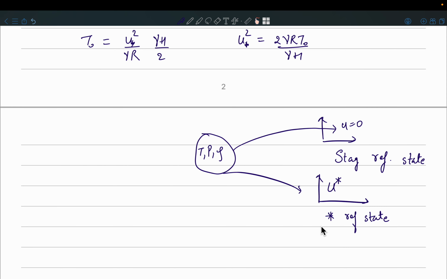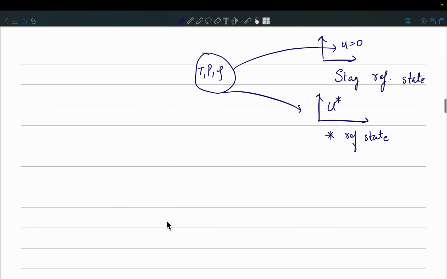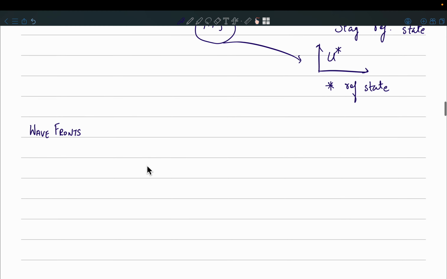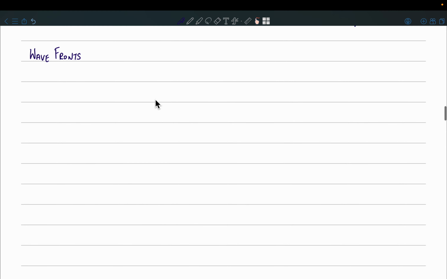Okay, so let us discuss one more simple concept, which is wave fronts. Maybe I should have started with this. So how are wave fronts created? Let us say you have this acoustic source over here, and it is stationary.